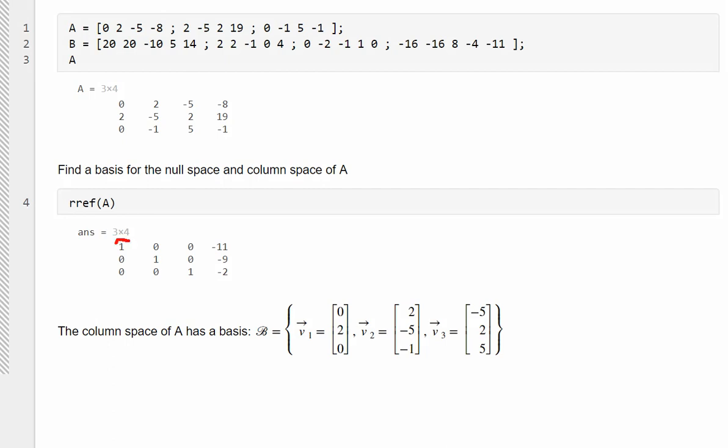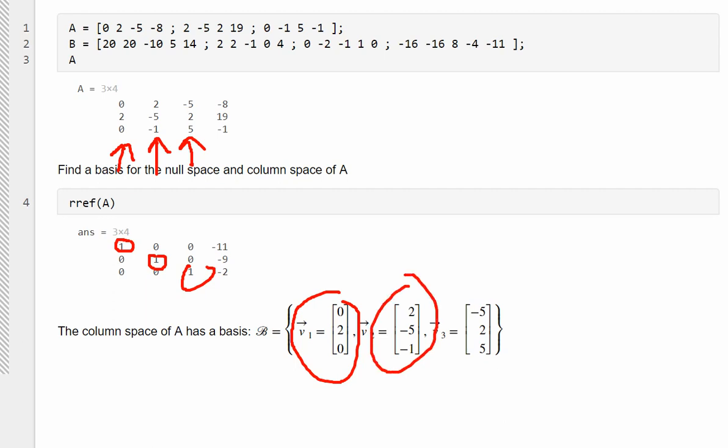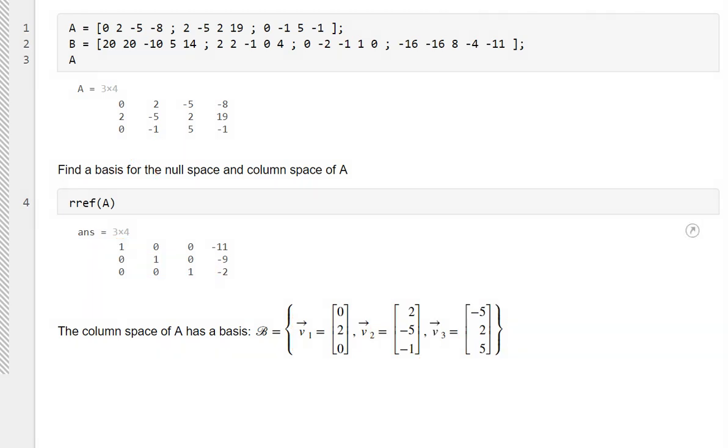We just identify the pivots in the matrix, and then the columns of A, treated as vectors, will form a basis for the column space. So my first basis vector is 0, 2, 0. My second basis vector is 2, negative 5, 1, and then negative 5, 2, 5 is my third basis vector. Okay, so that's fairly straightforward.